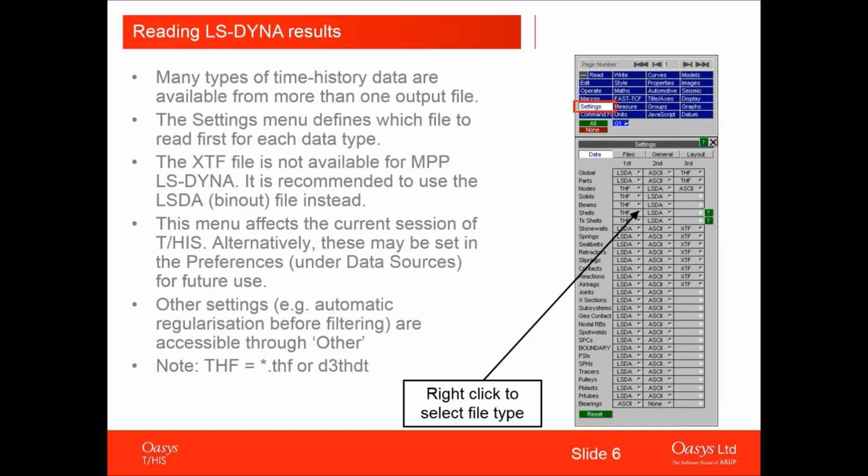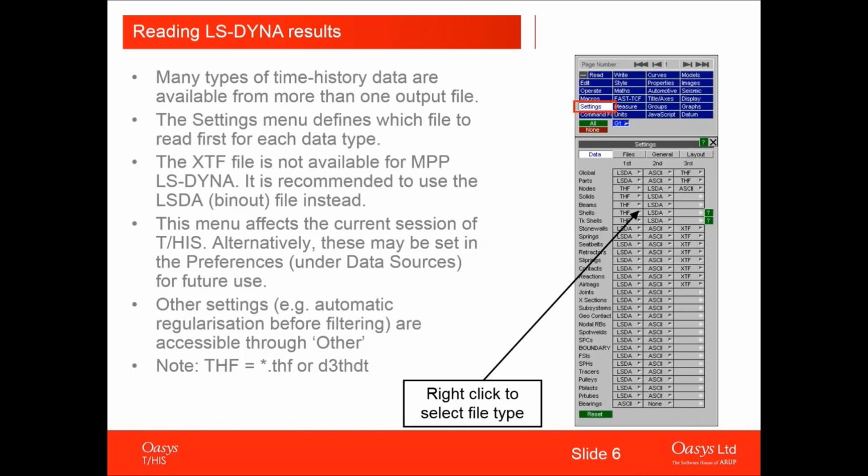Okay, and this menu, the settings menu, allows you to decide which file you want to read in preference. So it tells THIS, for example, for global data, I'll read the LS-DYNA database first, followed, if that doesn't exist, by the ASCII file, and if that doesn't exist, then I'll read the THF file. In some cases you won't have some of the data, in which case there will be none available for you to read in THIS.